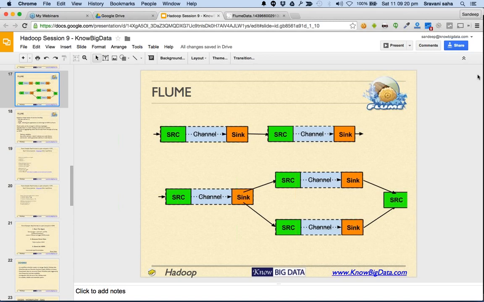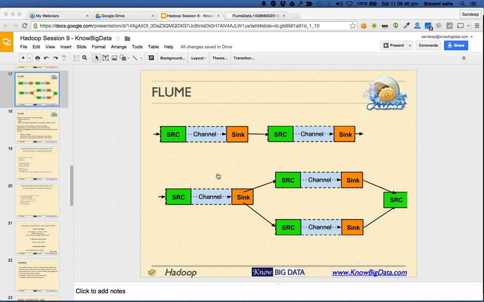At that point of time, the source will stop generating the data. When the channel is full, the source will not accept the data. Similarly, in case the channel is empty, then the sink will stop performing. The sink will not do the job if the channel is empty.